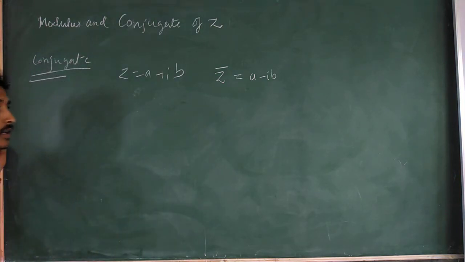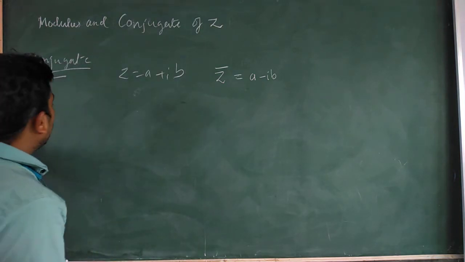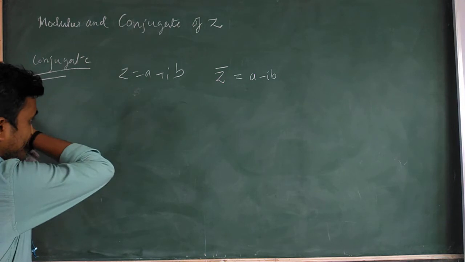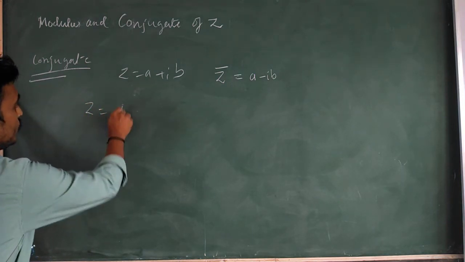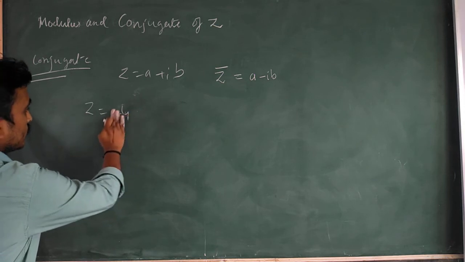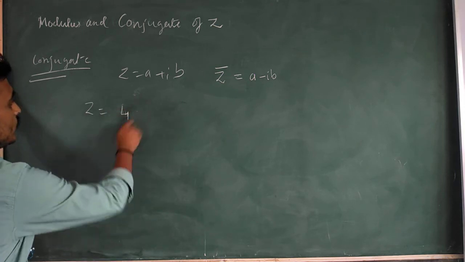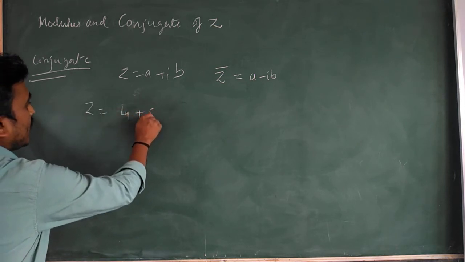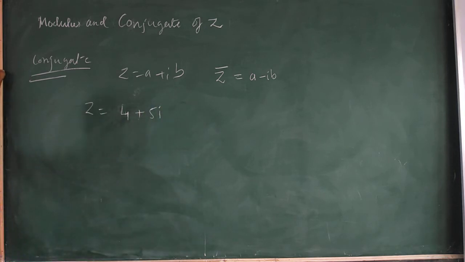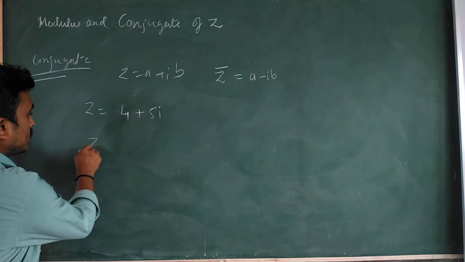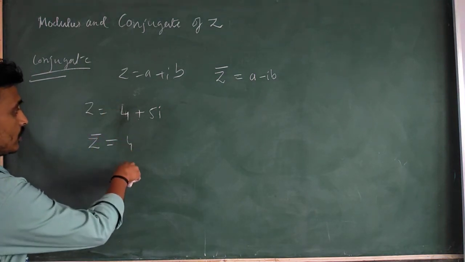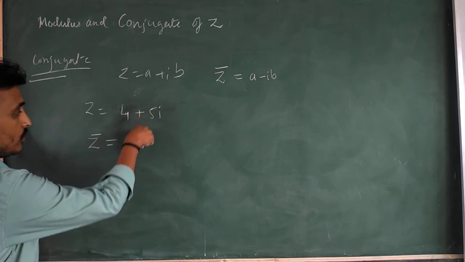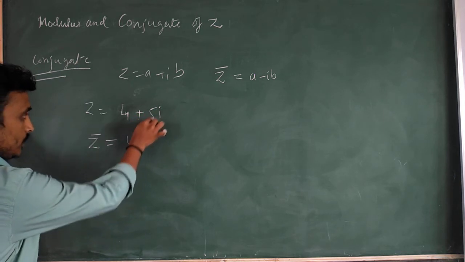Now here also the properties are there. First, an example: z equals 4 plus 5i. What is the conjugate of this? Z bar equals 4 minus 5i; 4 does not change, the sign changes only for the imaginary part.